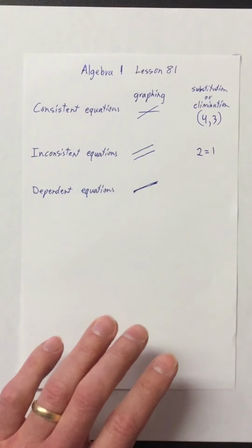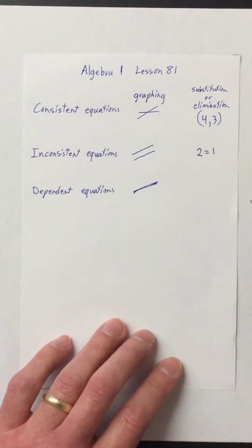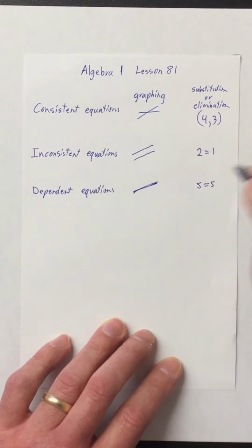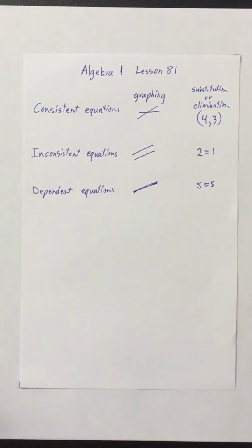And for dependent equations, when you solve using substitution or elimination, you'll get a statement that is true, such as 5 equals 5. So let's look at the first one here.